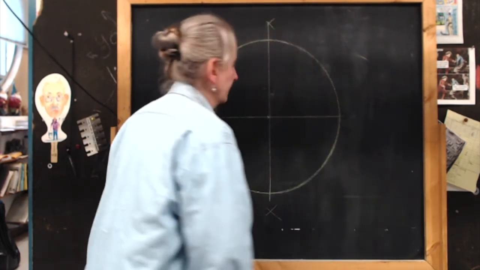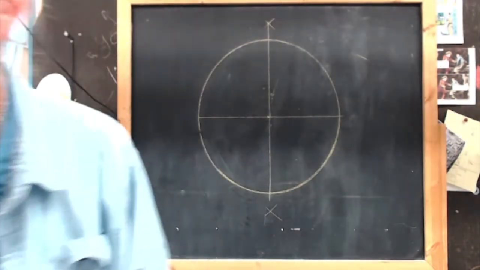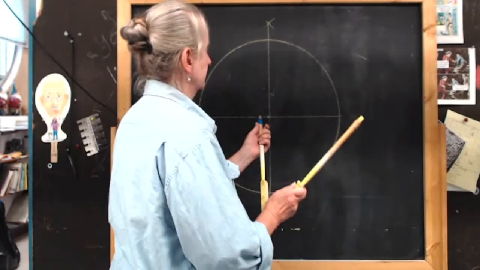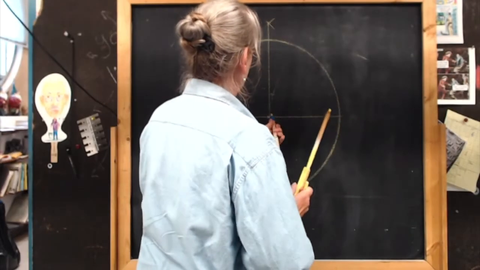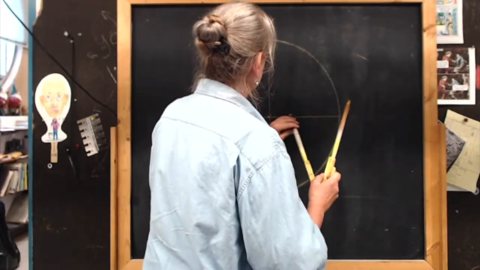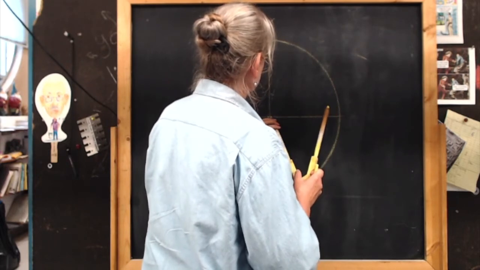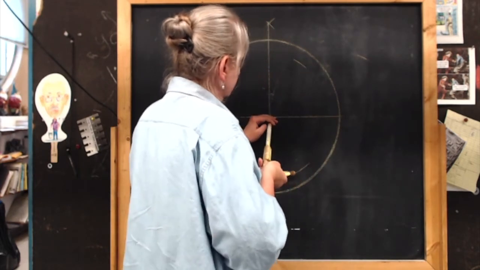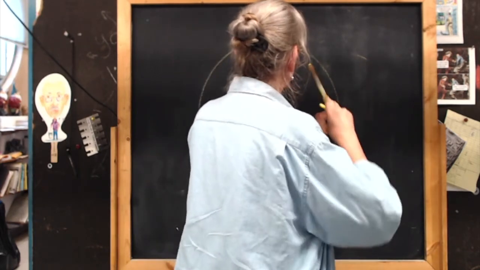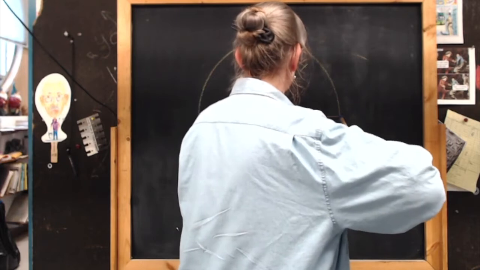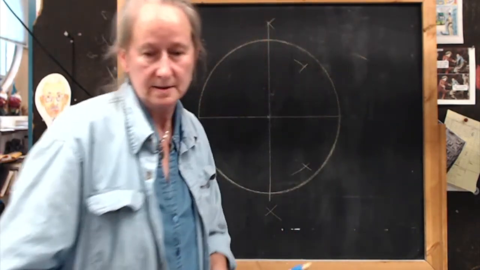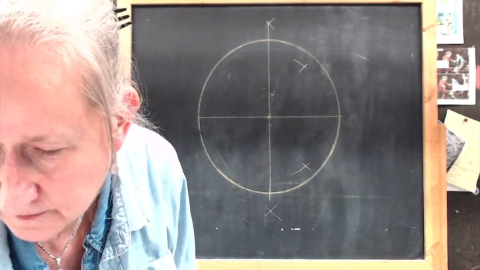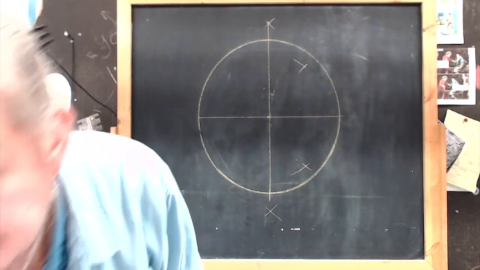All right. Now I'm going to bisect this line right here. I need half of that. There it is.